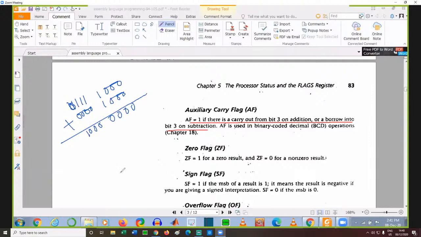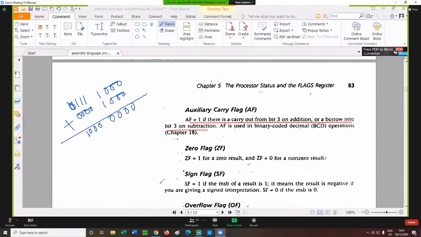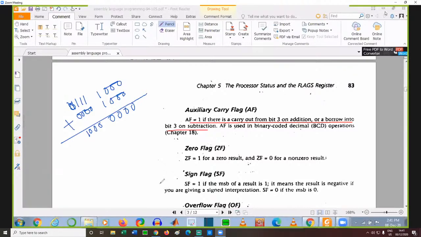So can you say what will be the auxiliary flag AF? Sir, 0. So first read the definition properly. AF equal 1 if there is a carry out from bit 3 on addition or borrow into bit 3 on subtraction. That is the definition. AF equal 1 if there is a carry out from bit 3 on addition or there is a borrow in bit 3 on subtraction.